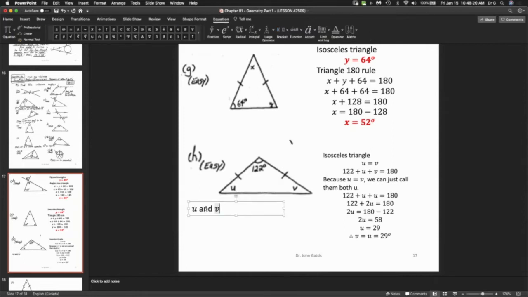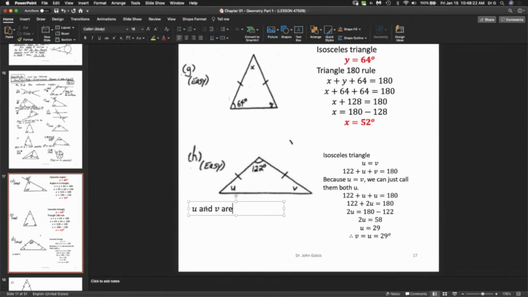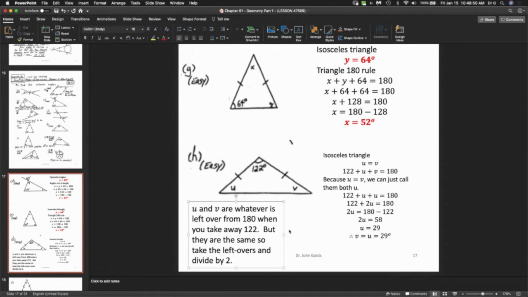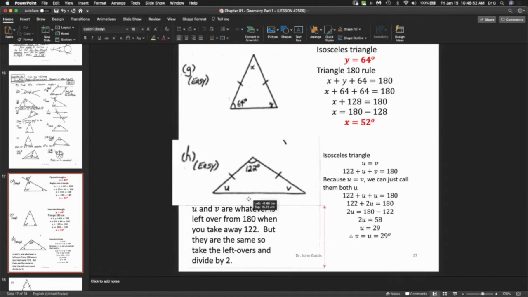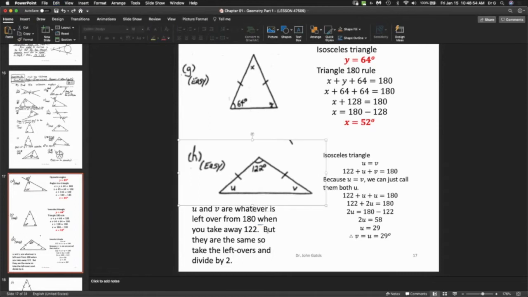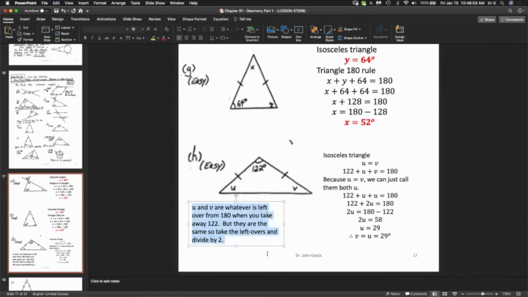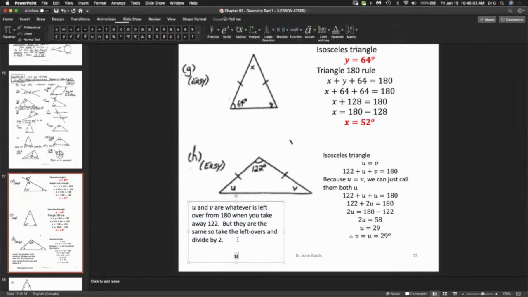U and V are... That's kind of like what I got in the chat from a few students, so that's exactly what I'm going to do as well. I'm going to take those words and write it in text in here. So U equals V equals 180 minus 122 divided by 2, which is 29 degrees.